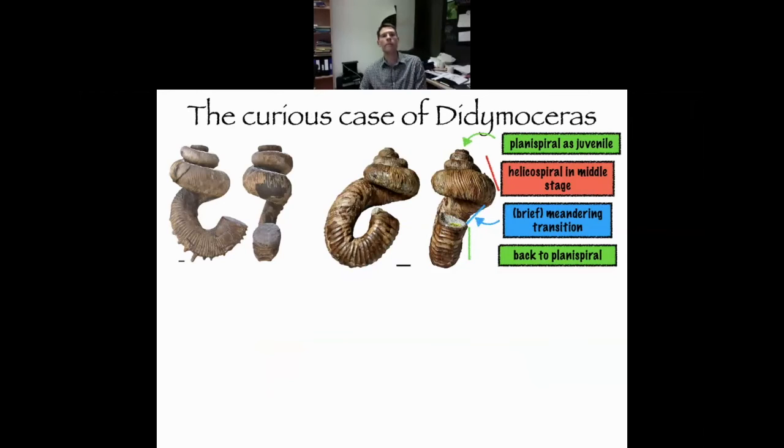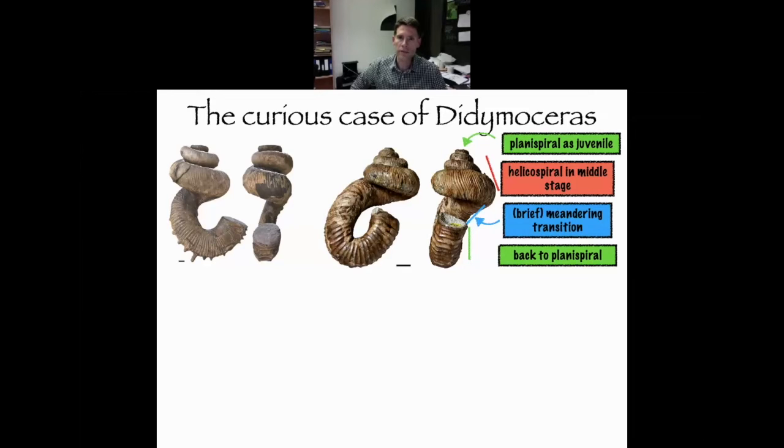And just to note one more interesting shell. This one is called Didymoceras. These are very rare, quite beautiful shells. The best way to characterize these shells is to say that they are doing each of these different types of coiling at different points in their development.